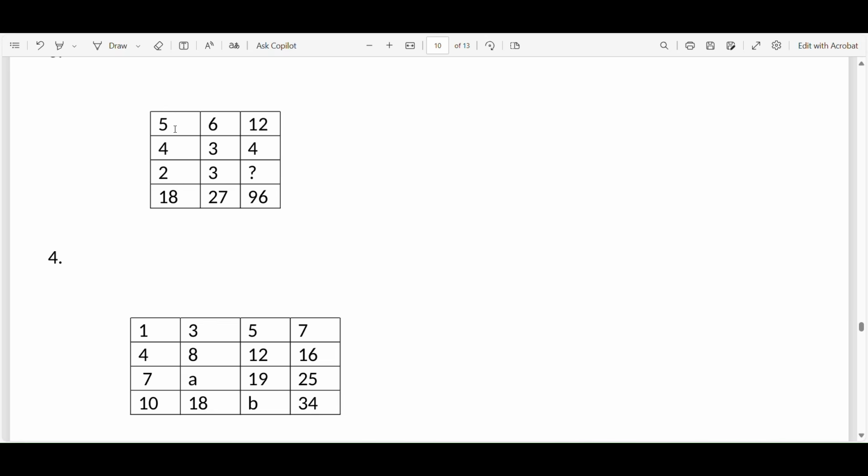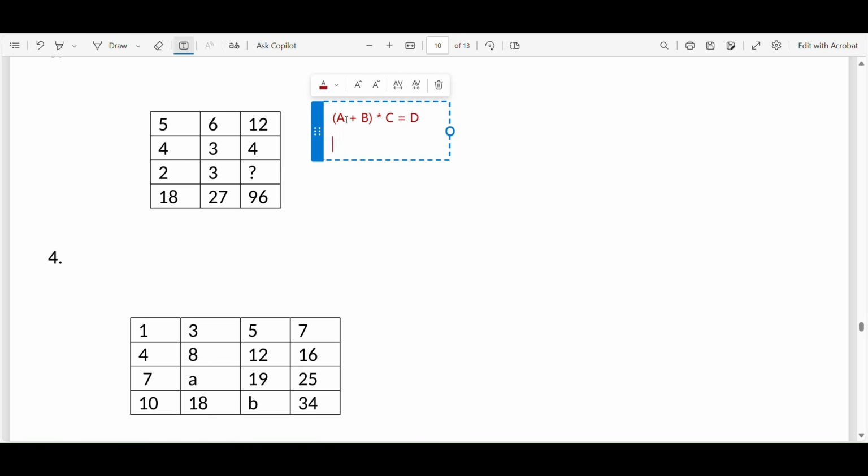So here when you see this, you are having 5, 4, 2, 18, right? So here we are using this formula. With this we are getting the answer.